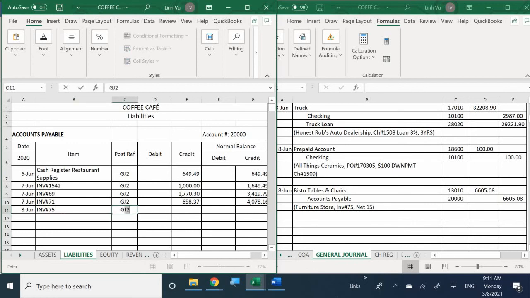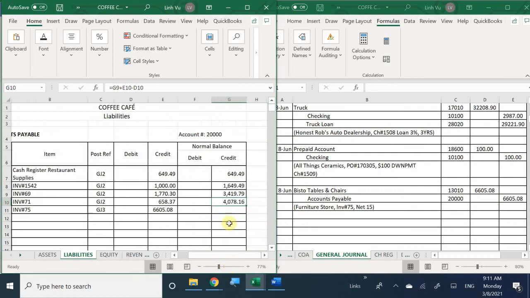Same general journal, but this time I'm going to increase the amount that I owe by 660508, bringing my account balance to be $10,683.24.